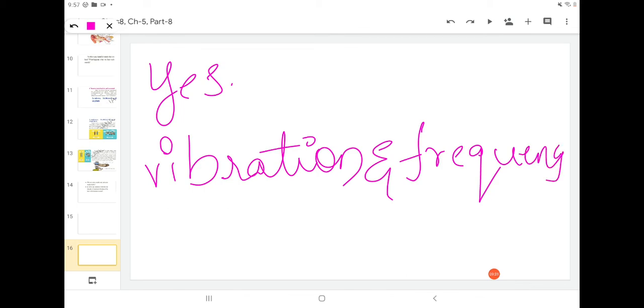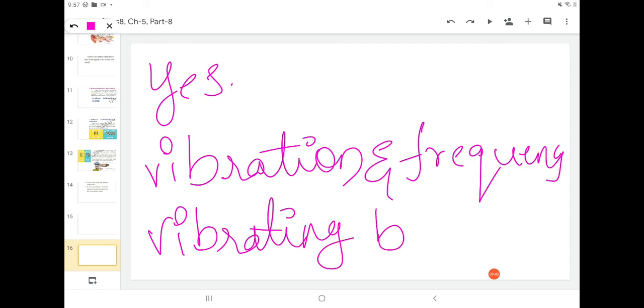The intensity of sound depends on the vibrations and frequency of the vibrating body. So simply we can say that there is a relation between the intensity of sound and vibration of the body which produces sound.